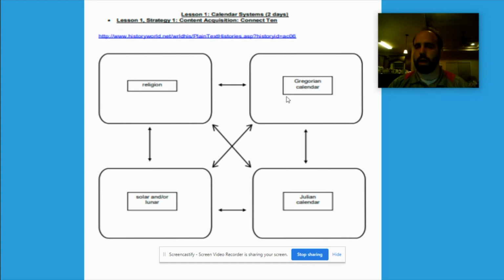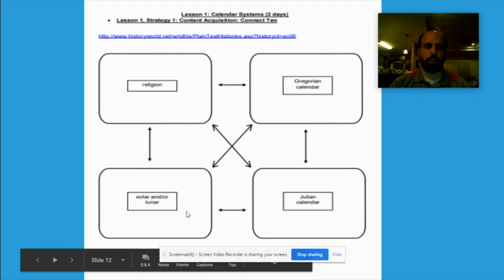So the Gregorian calendar, which obviously was commissioned by Pope Gregory, who is a religious leader, and so we're going to see that connection there. That should be an easy connection. The use of solar and lunar systems in the Julian calendar, that should be an easy connection.